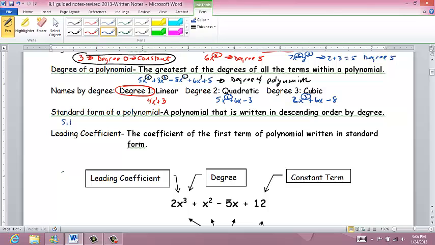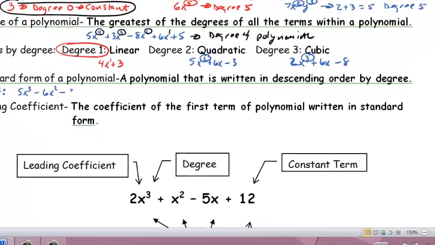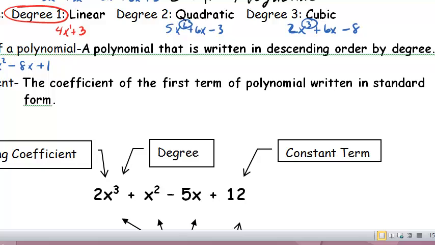Okay, so standard form would be 5x to the third minus 6x squared minus 8x plus 1. We start highest degree, second highest, third highest, and then our constant will always be last.